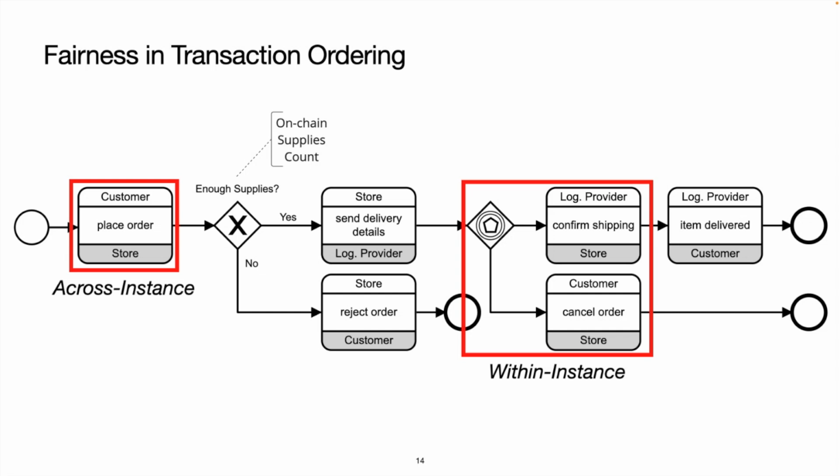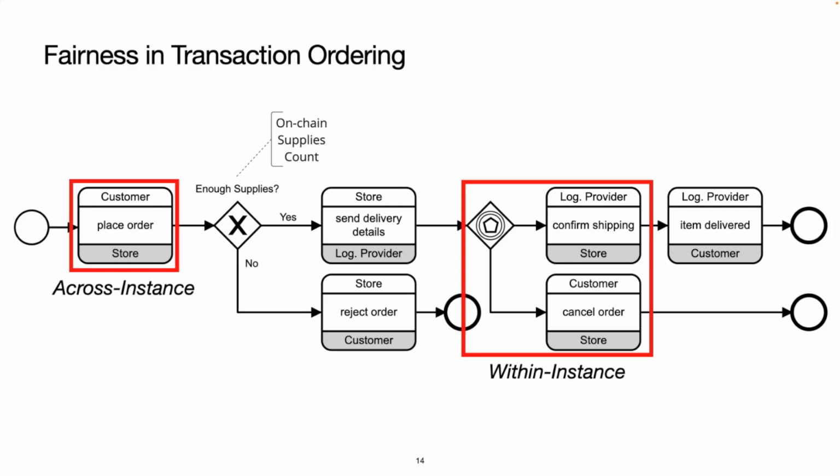So back to the example, where does this front-running attack occur in the process? When the customer places an order to the store, we might have multiple instances of this process running at the same time. So we can have multiple customers competing for limited supplies from one store, and this is prone to this type of attack.